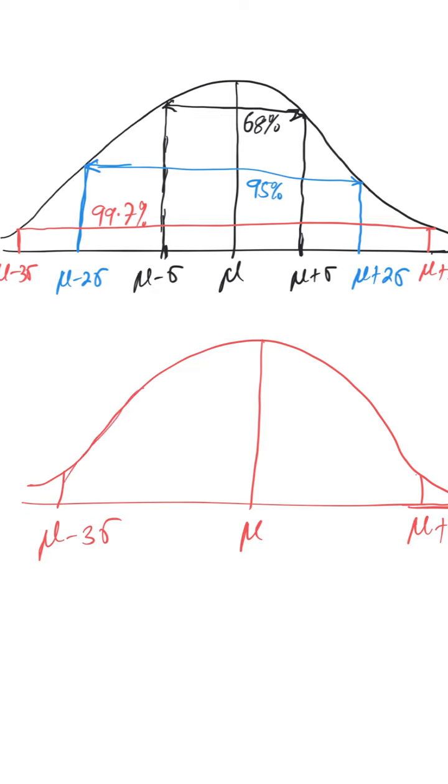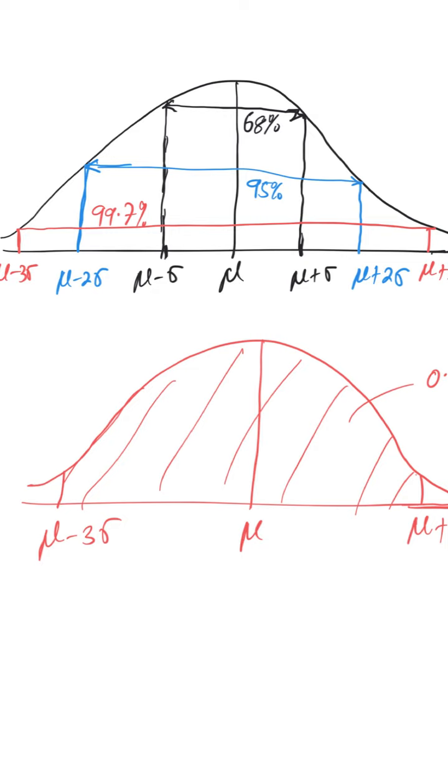So the area under here is 0.997. Approximately 99.7% of the data is within 3 standard deviations of the mean.